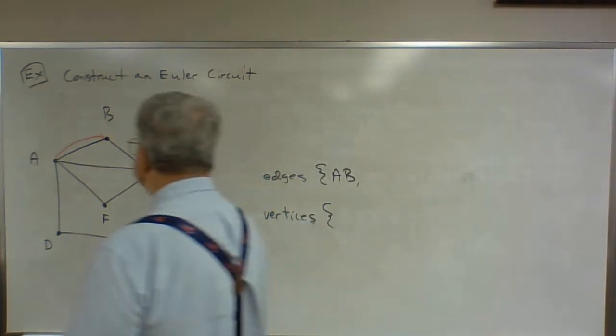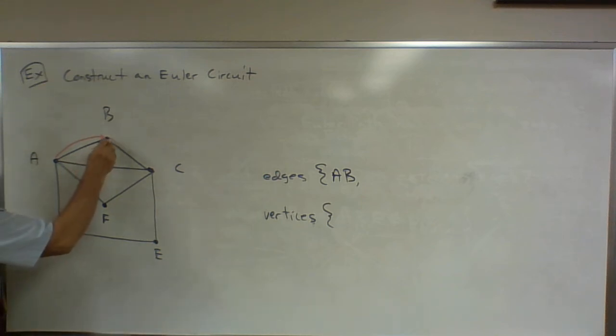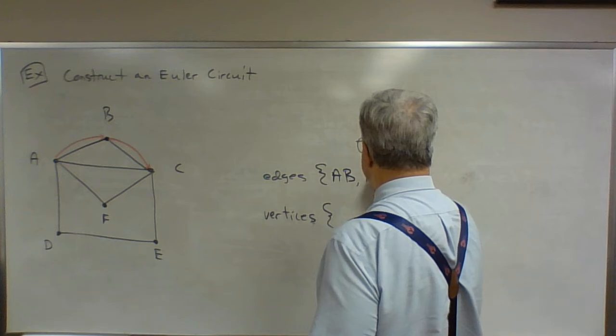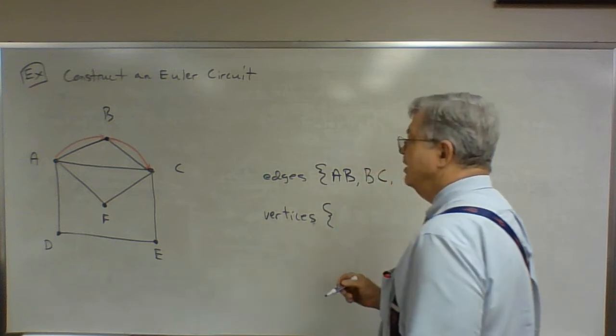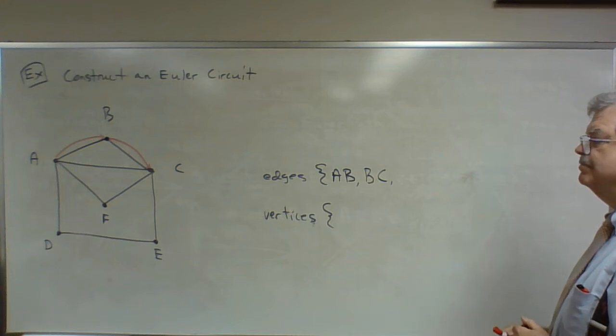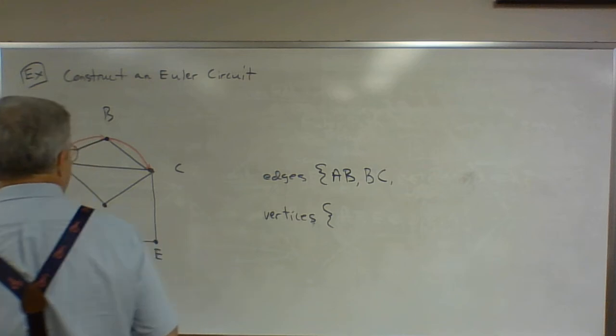Anyway, I've got this edge covered. There's only one place I can go. So I'll go to vertex C. That looks good. Okay. And what the heck?